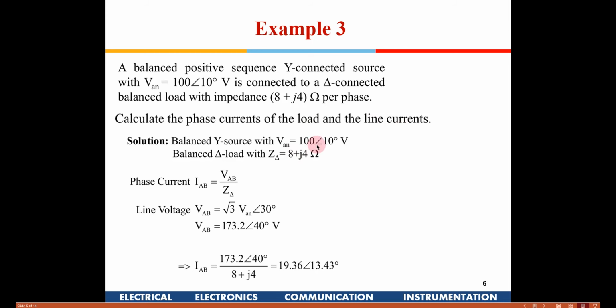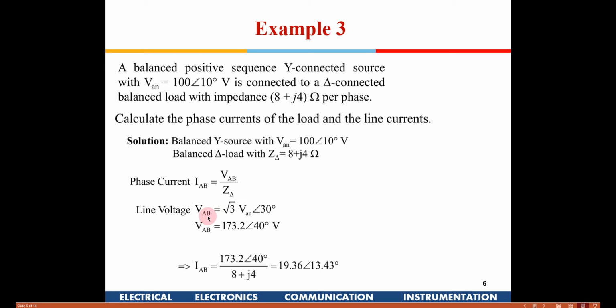So V_AN is this, and the balanced load is this. Now the phase current will be I_AB, because the load is connected in delta and we need to find the line voltage. In a delta connection, line voltage is available across each of the arms of the delta.